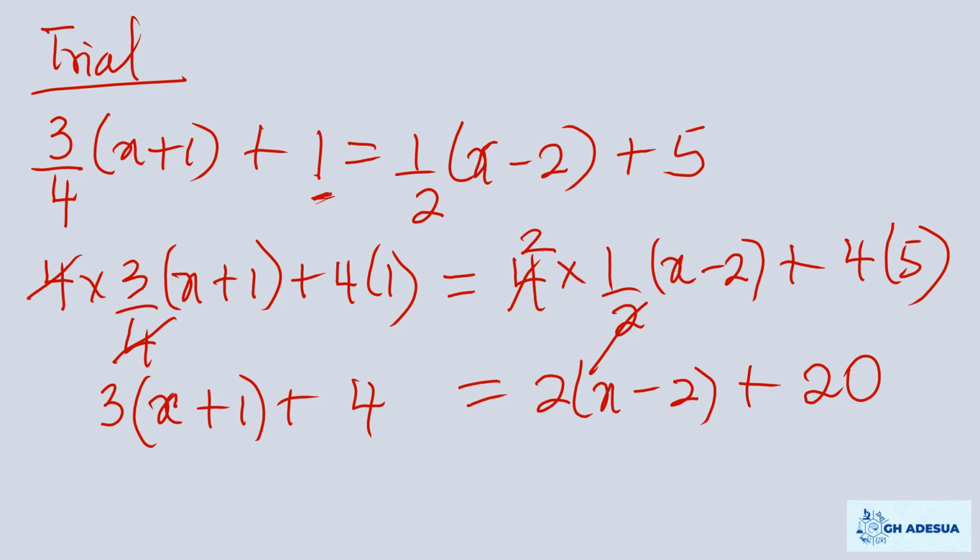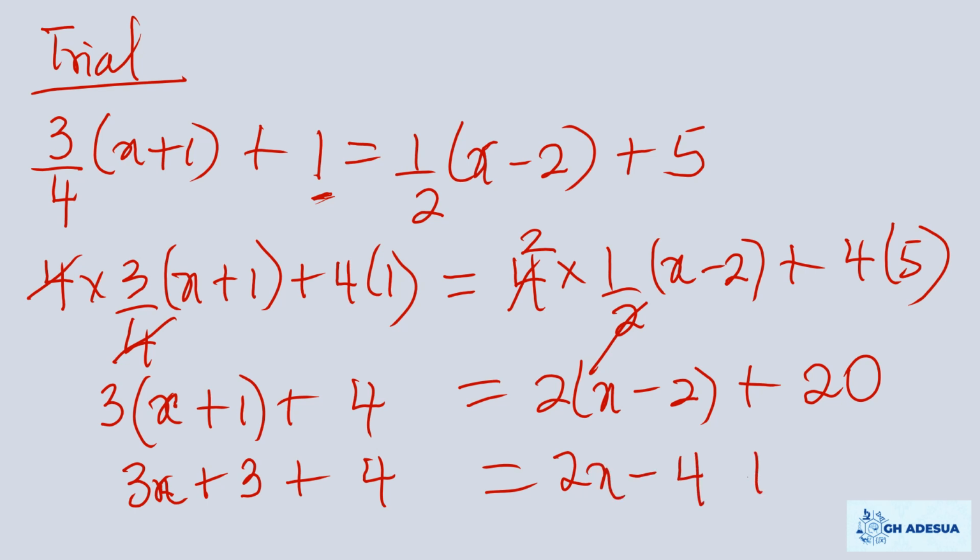At this point you can comfortably open the brackets without any issue. So 3 times x is 3x, 3 times 1 is 3, you bring your 4, is equal to 2 times x is 2x, 2 times negative 2 is minus 4, and then plus 20.